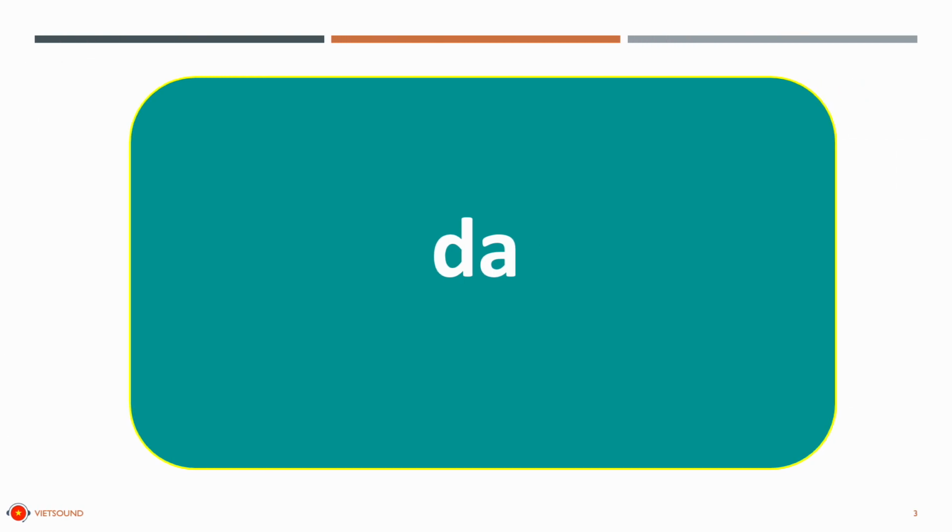Now let's try to say some words with the Z sound. I'm gonna say the word first, then you will have a few seconds to copy exactly how I pronounce the sound.